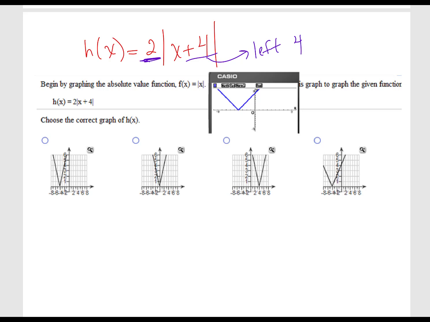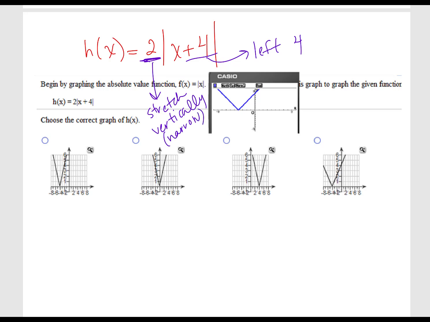And then the multiplication of 2 in front of the function, right? So it's not housed in with the function, will affect my y's, and that's going to stretch it vertically. So it should become more narrow.